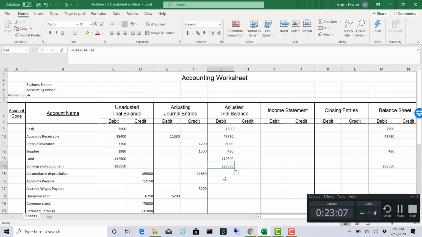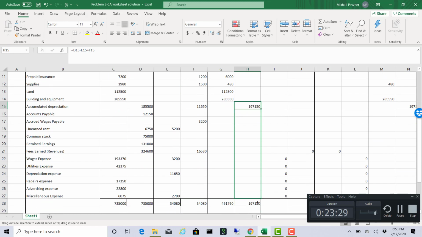Right, and for credit balances, would be this minus debits plus credits, right? And it's that.